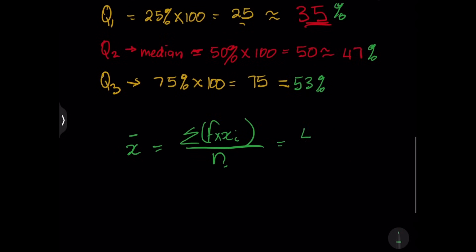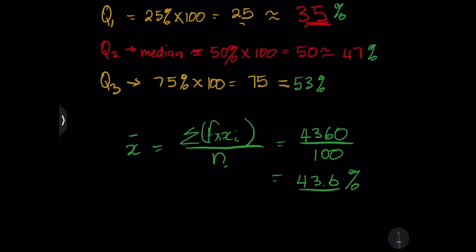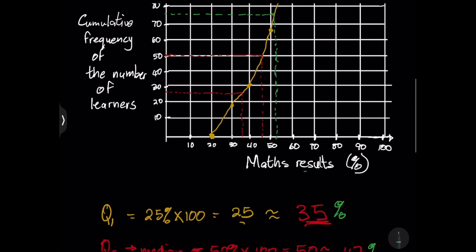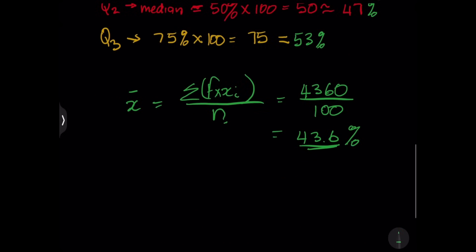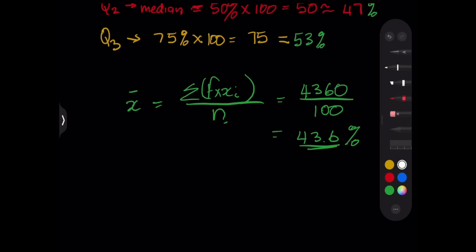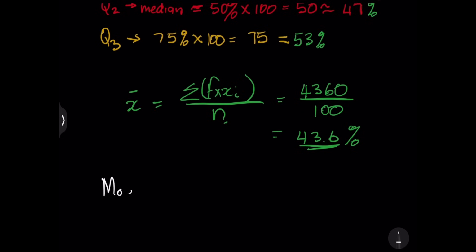So 4,360 divided by 100 would give us 43.6%. Remember that represents the percentage in terms of the results in math. So it means our mean value for the percentage of the results would be 43.6%.